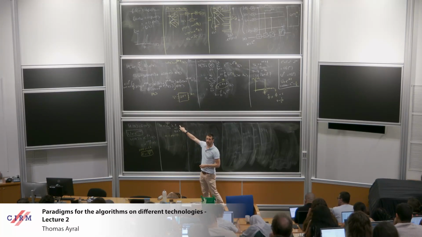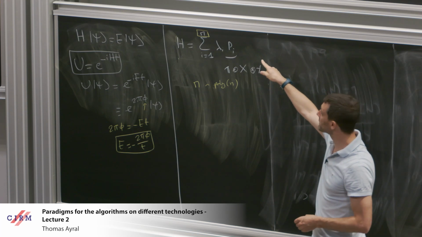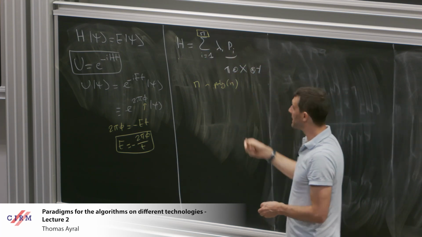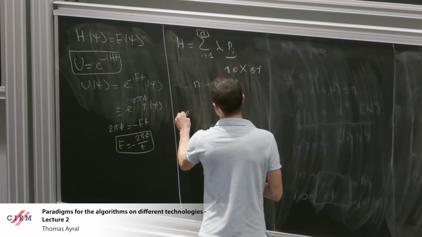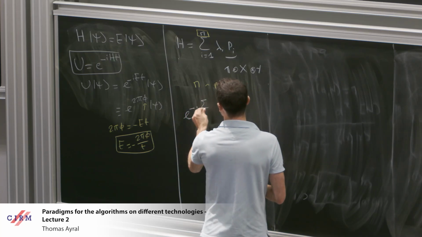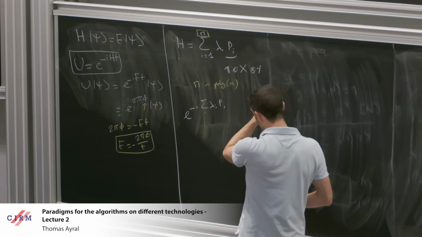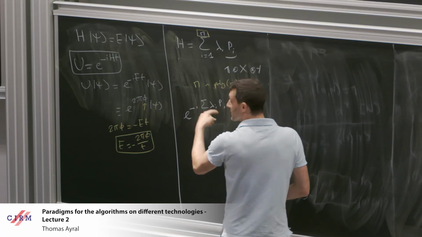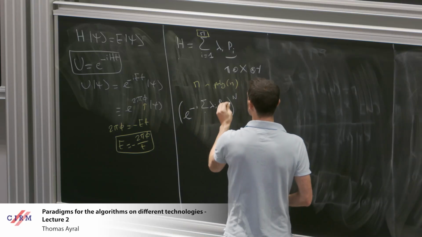But it turns out that for chemistry, for instance, or for physical systems, it's always the case that M is polynomial in N. And once I've done that, what I'd like to do is an exponential of a sum. And of course, exponential of a sum is not something that I can do in principle. I cannot turn it into a product of exponentials unless I slice it into pieces.